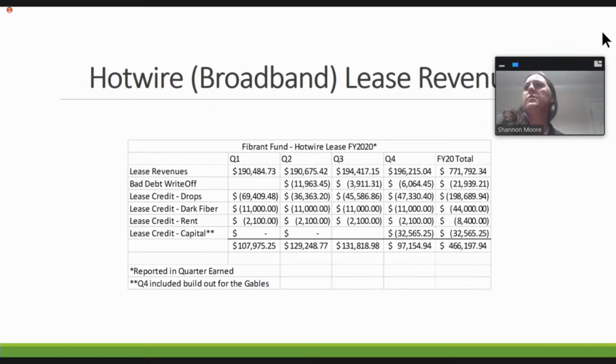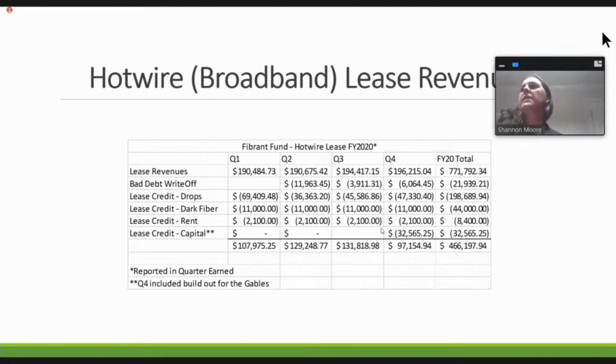If you'll recall, I think that was a voluntary annexation a couple of years ago, and we are starting to see some development in that area. There's a small invoice still to be received, but Hotwire has indicated that this is the majority of the cost that we will see for that additional build out for the Gables. So we may see a very small amount next quarter. But how much do we pay for each build out?